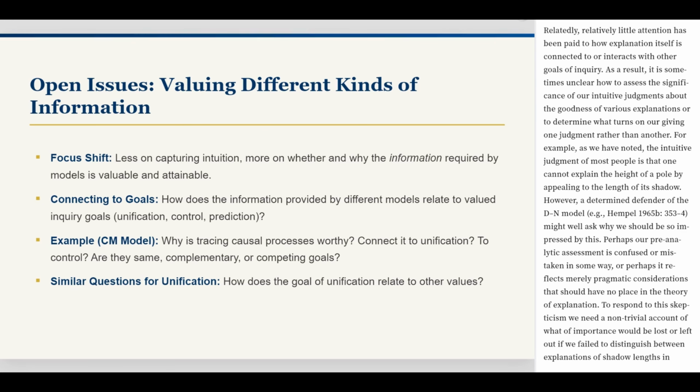Is tracing causal processes the same goal as unification? Are they complementary, or do they sometimes pull us in opposite directions? Asking similar questions about the goal of unification helps us understand its place in the bigger picture of scientific inquiry. It's about connecting the dots between different epistemic values.